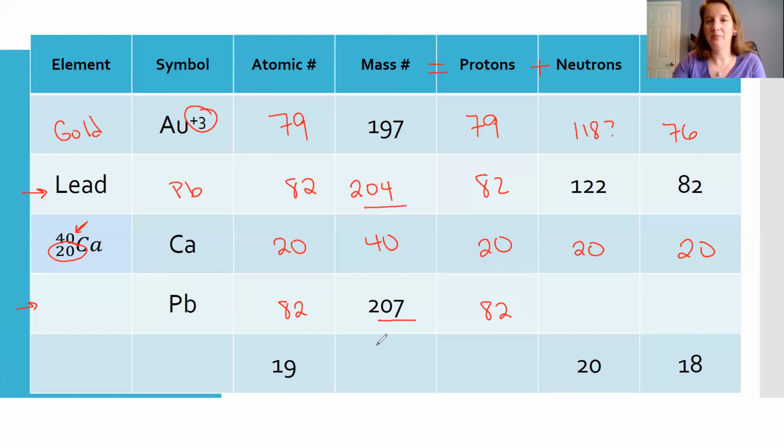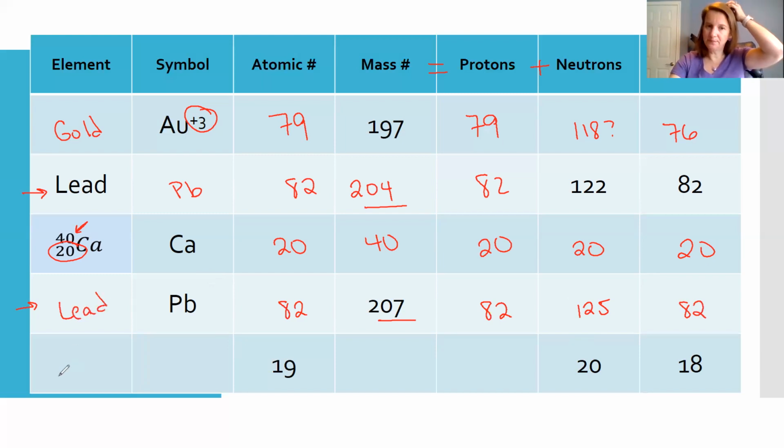Why is it different? Because those are two different isotopes of lead, which means that the number of neutrons are going to be different. This is going to be 125 because it's going to be the mass number minus the protons. There's no charge on our lead symbol here, so we know that the electrons are going to be the same as the protons, 82, and we know this is lead.